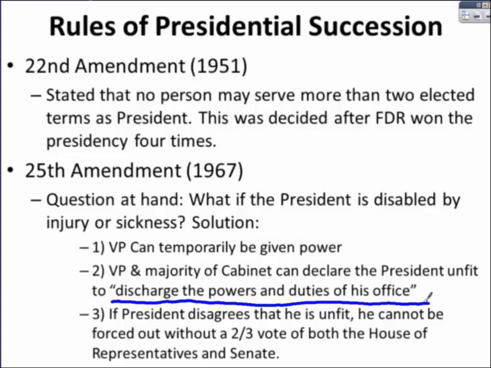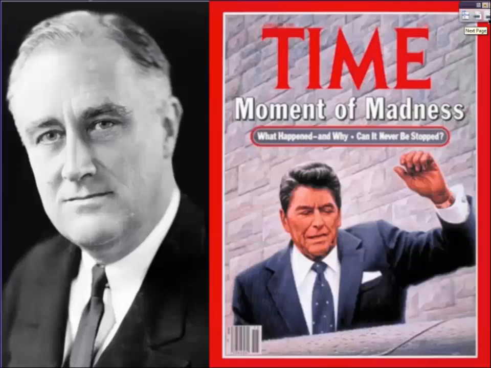Lastly, if the president disagrees that he is unfit, he cannot be forced out without a 2/3 majority vote of both the House of Representatives and the Senate. On the left is Franklin Delano Roosevelt, and the 22nd Amendment was required after he had been elected 4 times, and people vehemently disagreed with that.